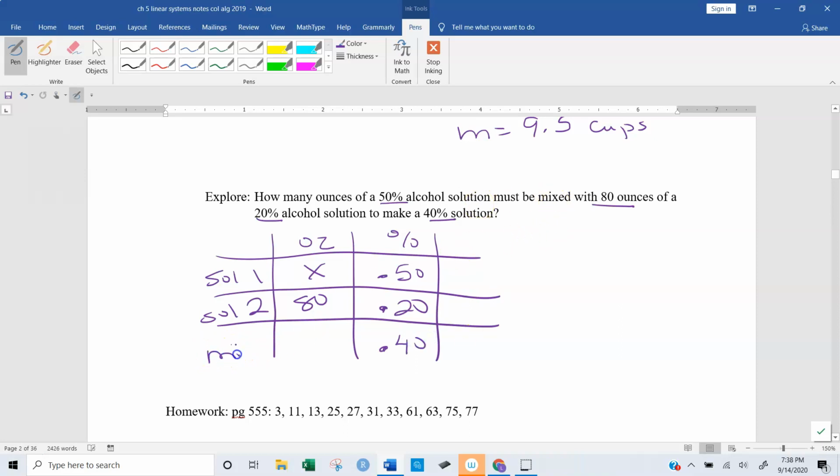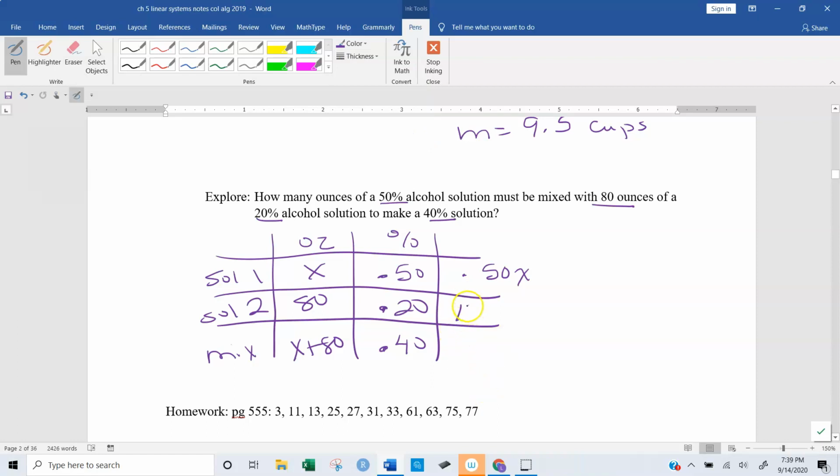And this is my mixture. So that means I have X plus 80 ounces at 40%. So I have 0.5X, multiply these together, and I get 16.